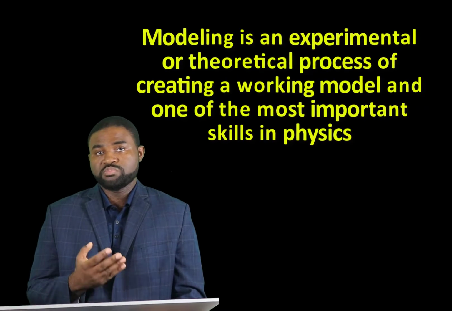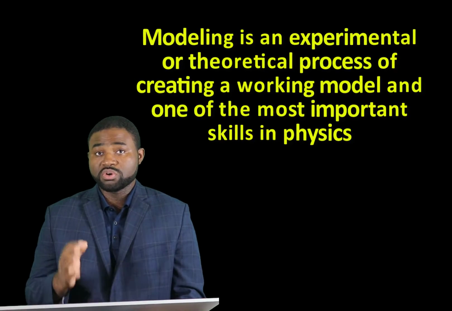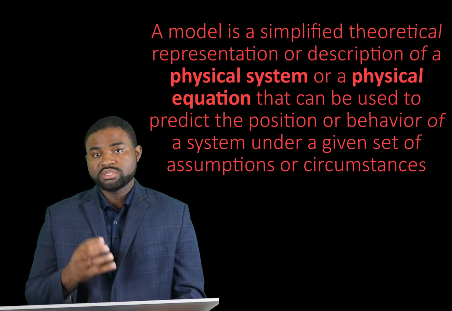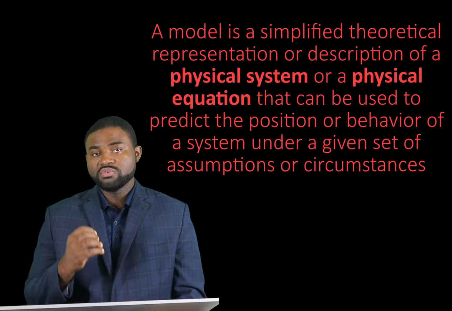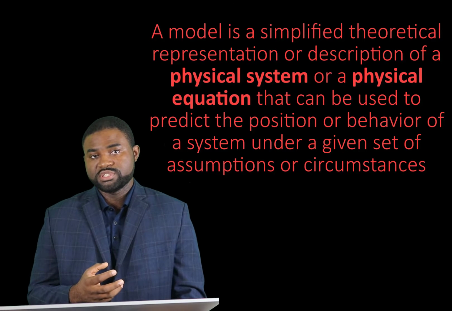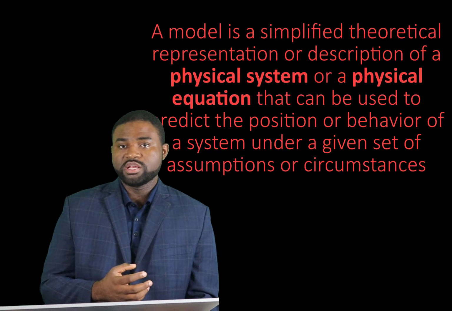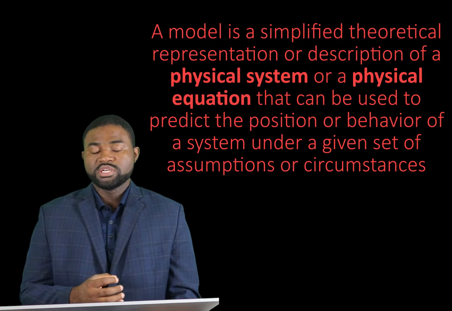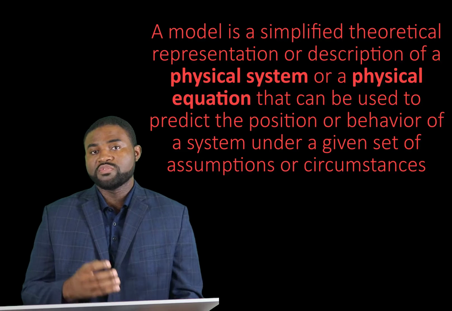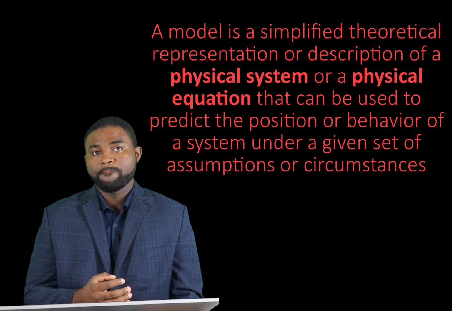Each of those is probably correct within its own context, but in this course, and generally in physics, a model is a simplified theoretical representation or description of a physical system. Let me say that again. A model is a very simplified representation of a physical system.